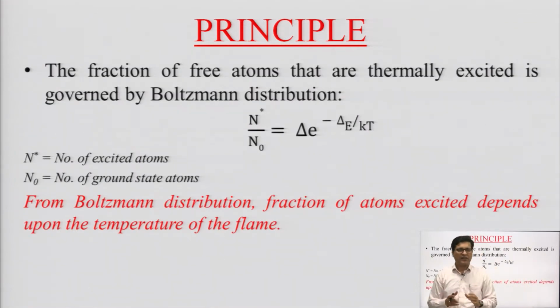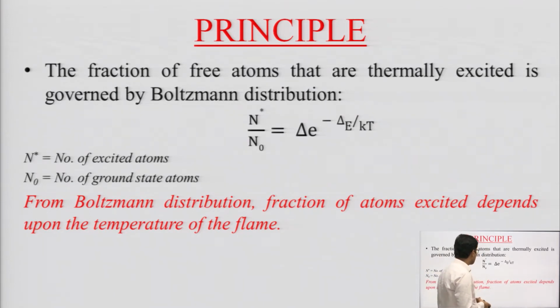And as we have already discussed, in flame photometry we are concerned about the excited state population, and the excited state and ground state populations are expressed by an expression called the Boltzmann-Maxwell distribution.